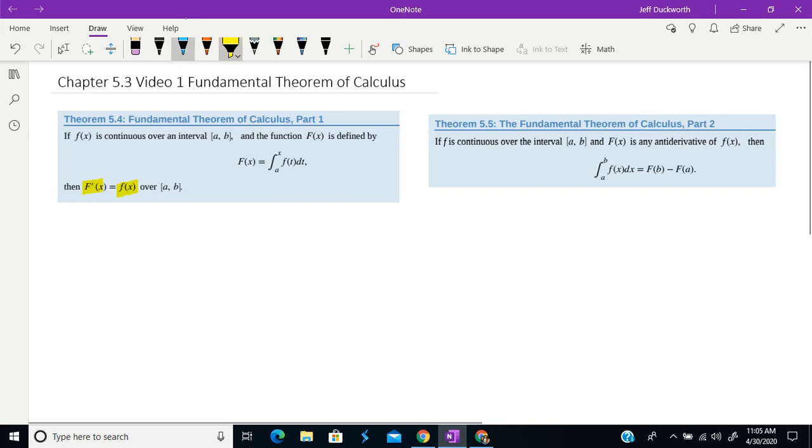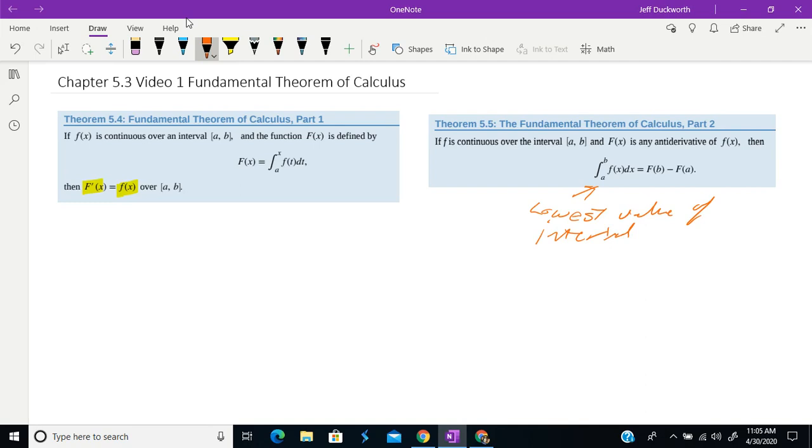First of all, let's take a look at some of this notation here. This a is the lower part of the interval, and then the b will be the highest value.